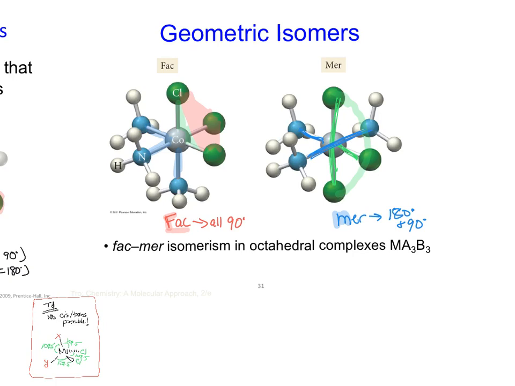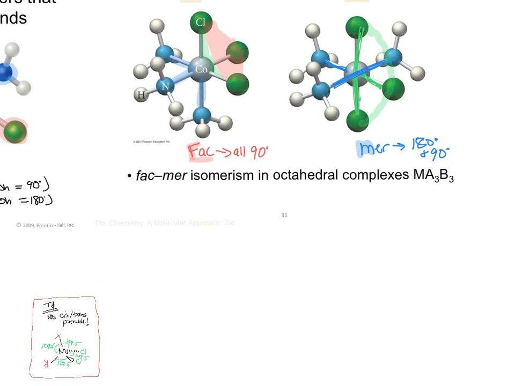Let's look at one more example of fac-mer isomerism. In this case, we're going to look at the chemical formula. In this example, we'll look at the chemical formula Cu(Br)(Cl)(NH3)(H2O)3, lots of different ligands.